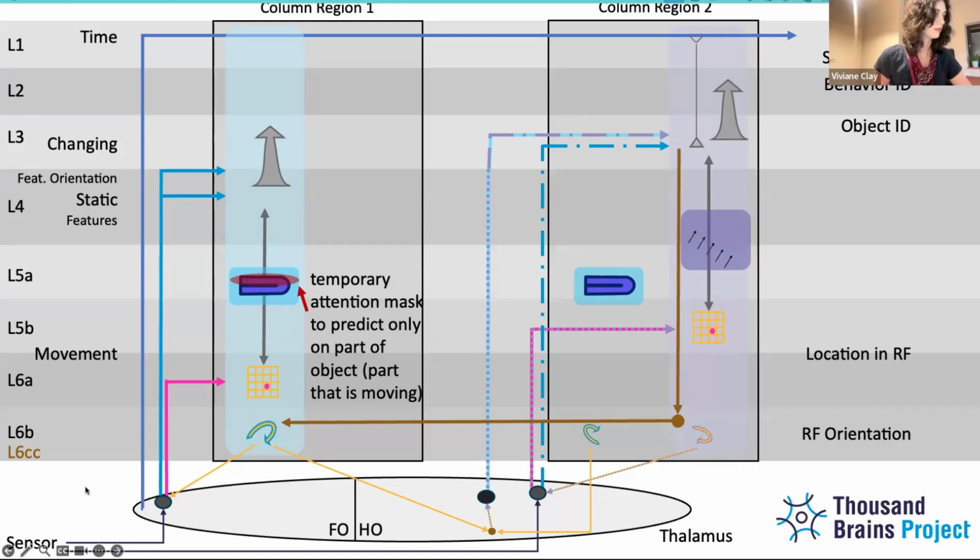That's at least how I was thinking of it, that it is a learned association, but it would be in the L6 to L6 connection between the two columns. So you're saying there would be L6 between the two morphological models?